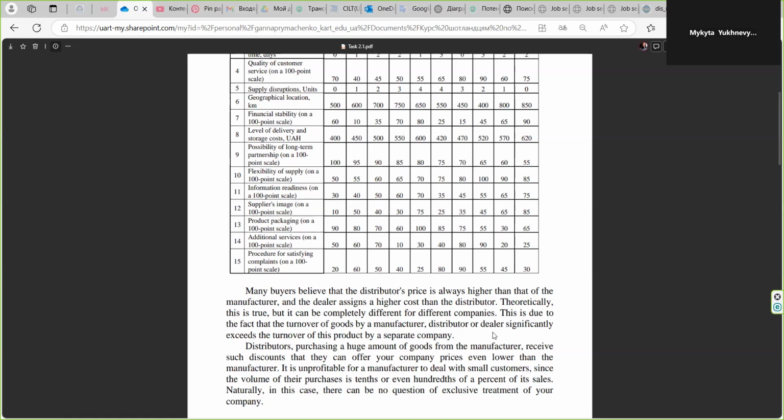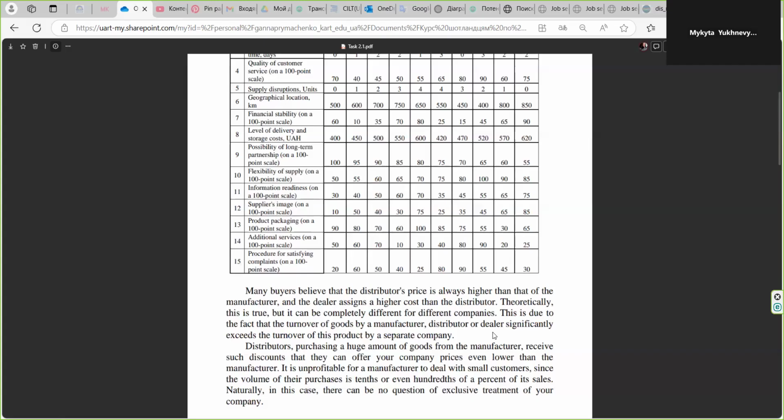It is unprofitable for a manufacturer to deal with small customers, since the volume of purchasing of large buyers can reach hundreds of percent of its sales. Naturally, in this case there can be no question of exclusive treatment of your company, because exclusive service would be something different.